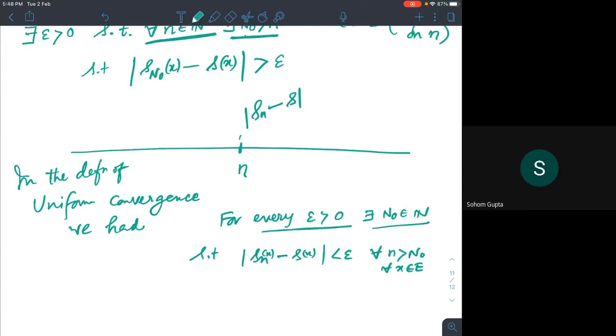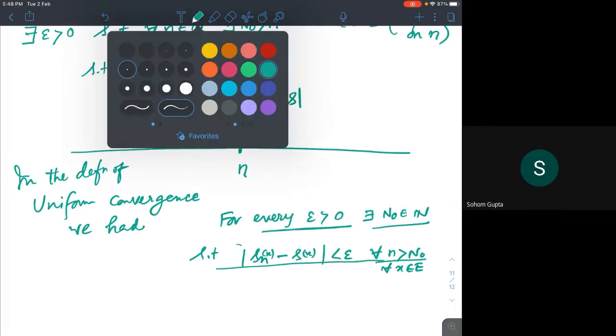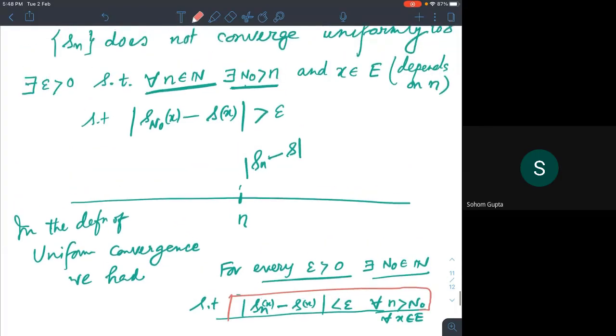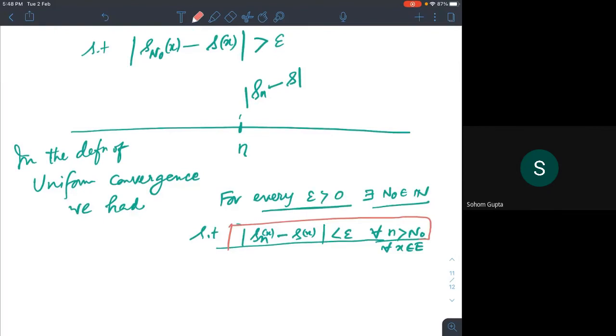Now look at this inequality. This part is true for all n greater than n naught. What is the negation of it? For all n bigger than n naught, this is less than epsilon.